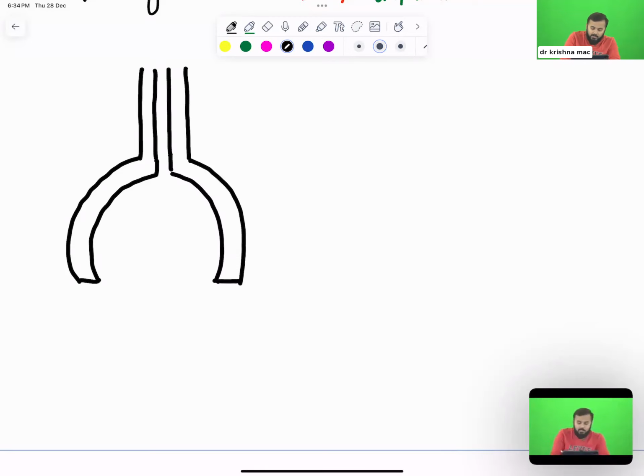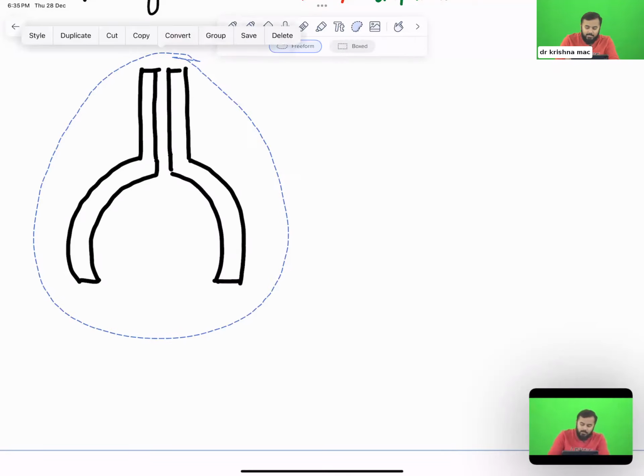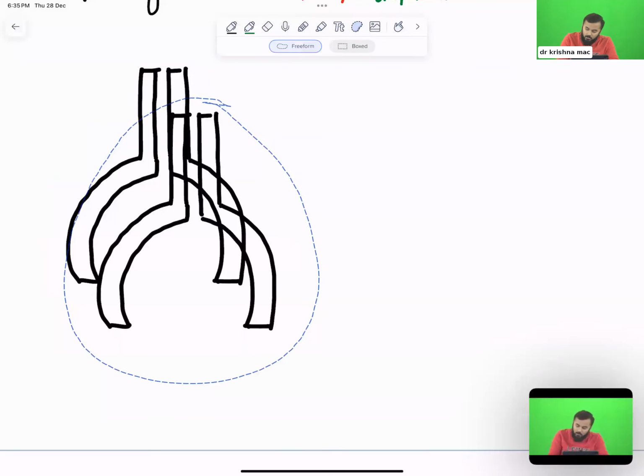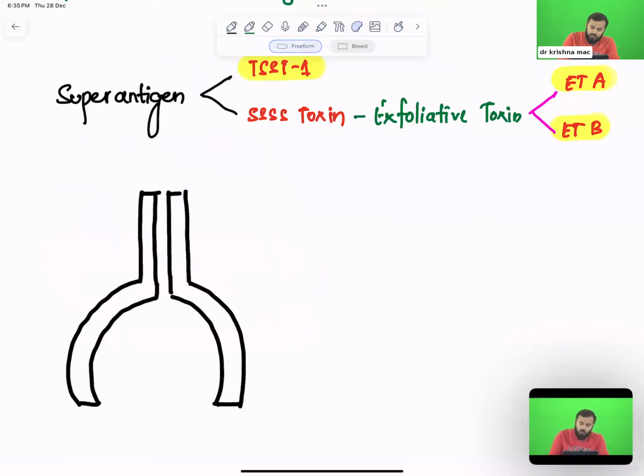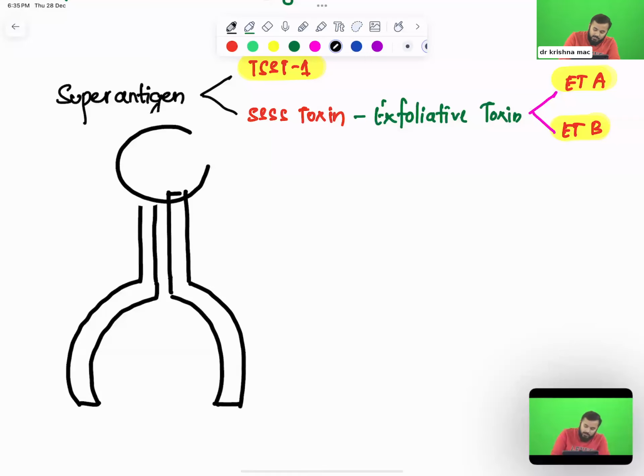This particular cell which I'm drawing right now is called as a T cell. What is this? This is called as T cell receptor or T cell. This is simply called as T cell receptor. Okay. So I will draw. Okay. Leave it. This is called as what? T cell. ये देखो, ये है T cell. ये अरे this is T cell or T cell का receptor है T cell receptor.